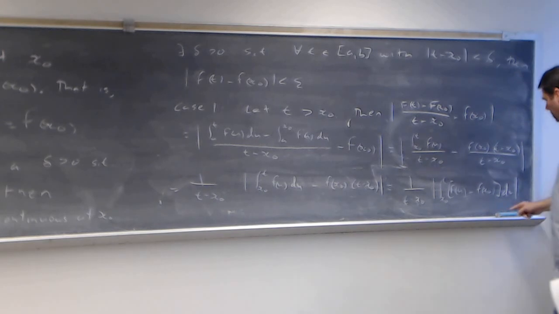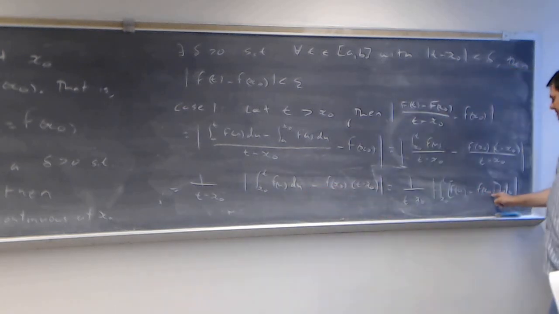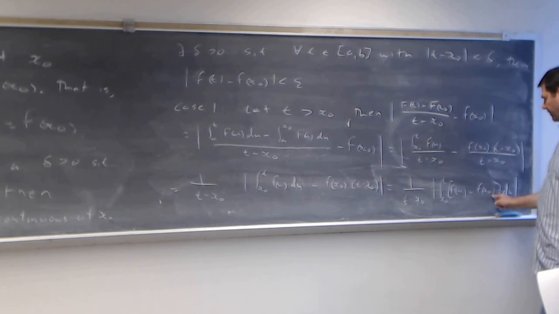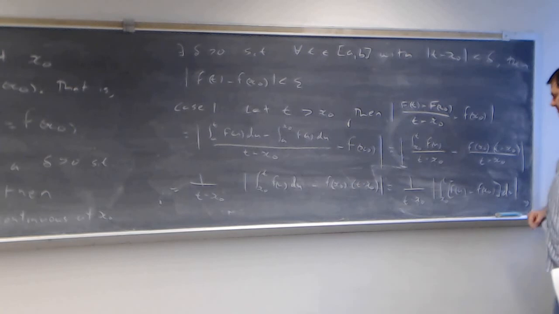Let me stop for a second. The integral of these things is the integral of this guy minus the integral of this guy. What's the integral of f of x naught? Well, that's just a constant, so the integral of f of x naught with respect to u is f of x naught times t minus x naught, which we've seen as a fact earlier.